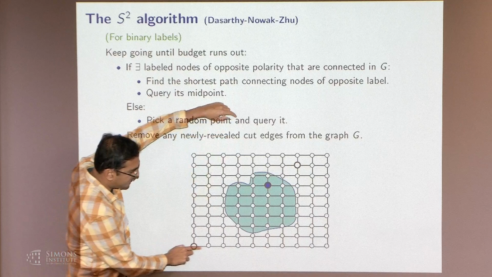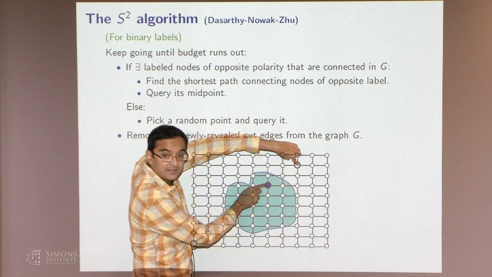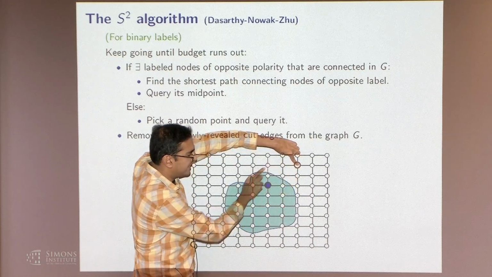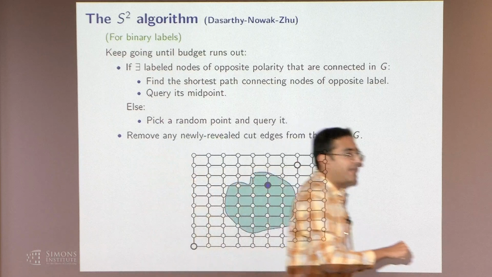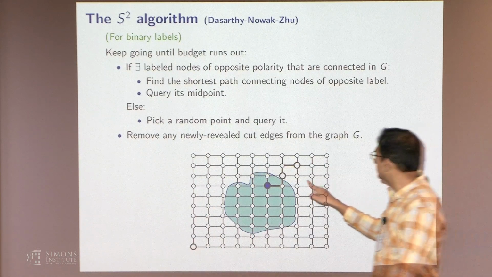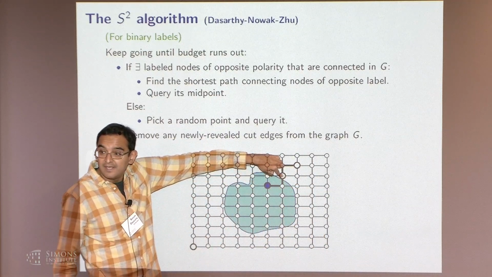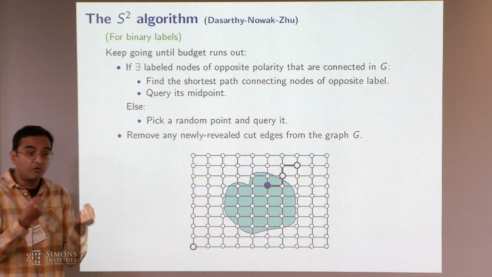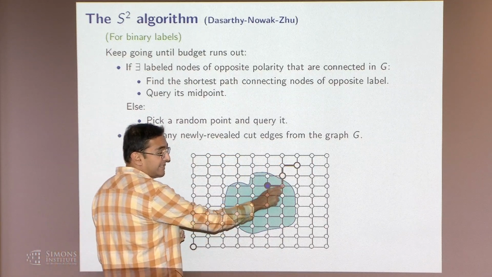Now let's look at all shortest paths between points of opposite polarity. There's this one path over here. Oh, that's very long. But this is the shortest path over here. Actually there are several shortest paths. Let's query the midpoint of that shortest path. So it gets this point over here, and it finds that that's a 0. Now again, it looks at all shortest paths between points of opposite polarity. And now the shortest path is just this.